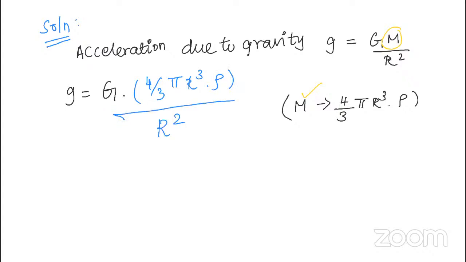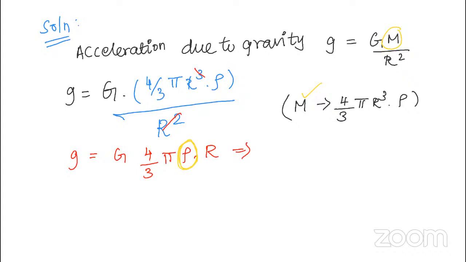Then cancel R square with R cube, and finally we get g is equal to G into 4 by 3 pi rho into R. Okay, so in this equation, we want to convert it into rho form.